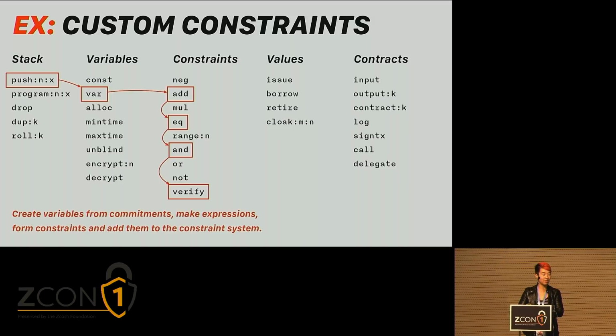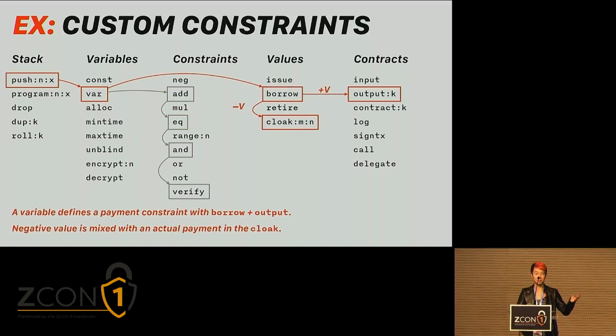So now that you have a variable that represents your input, now you want to spend it. And so what you do is you call this borrow instruction, and borrow creates two values. It creates a positive and negative value. And the positive value becomes the value that is output from the transaction. And the negative value gets added to this Cloak. So once again, Cloak enforces confidential assets, so no value is created or destroyed.